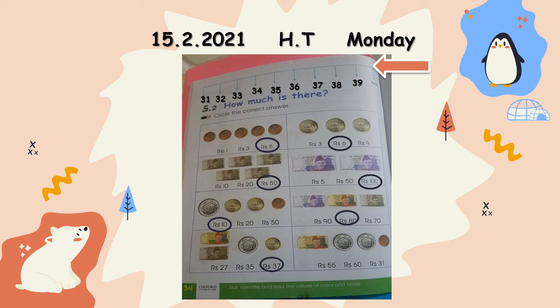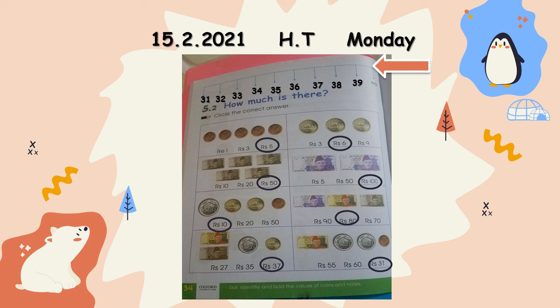And the last one is, there is a note of 20, plus 5, plus 5, plus 1. 20 plus 5 is equal to 25, then 30, then 1 is equal to 31. Circle RS31.